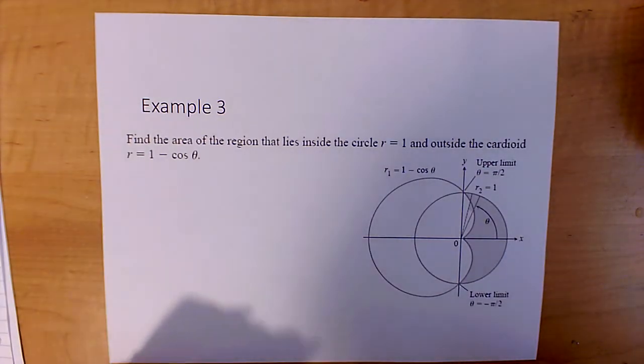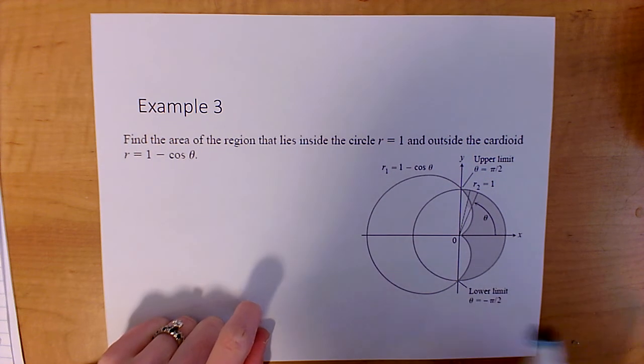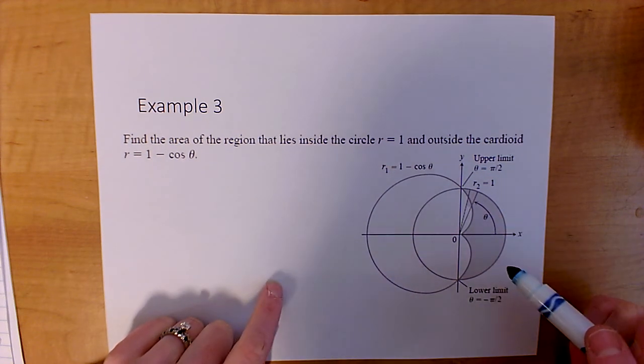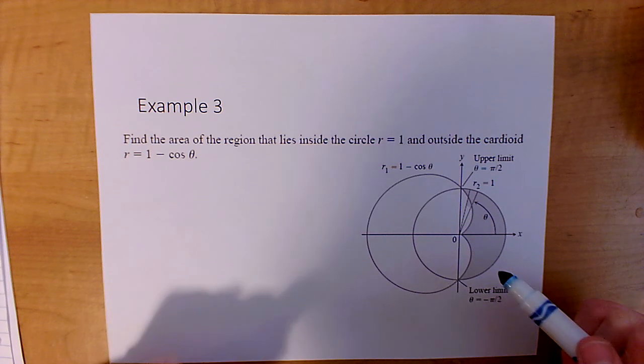For example 3, we want to find the area of the region that lies inside the circle r equals 1 and outside the cardioid r equals 1 minus cosine theta.